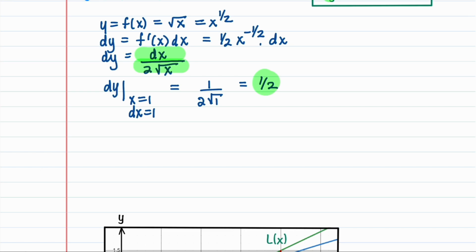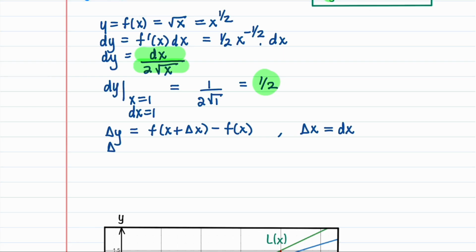Now we are going to compute delta y. That is the exact change in y. And this is f at x plus delta x minus f at x. Delta x is the same thing as dx.